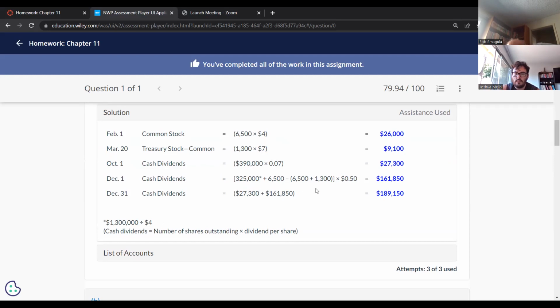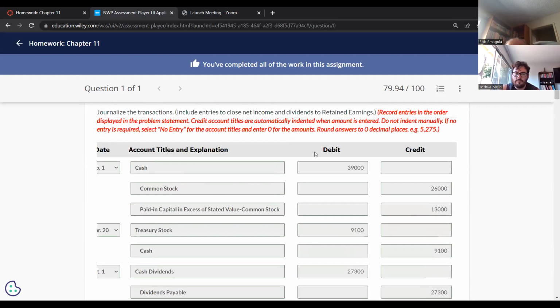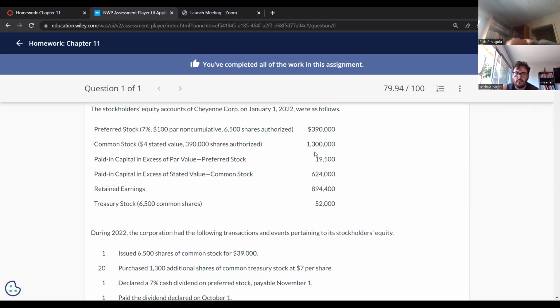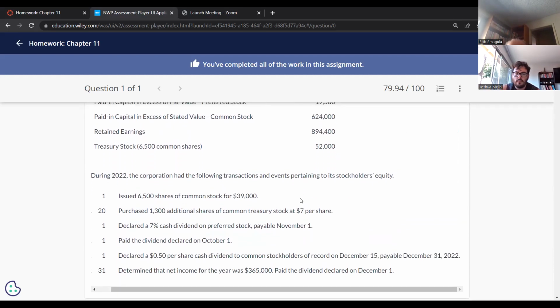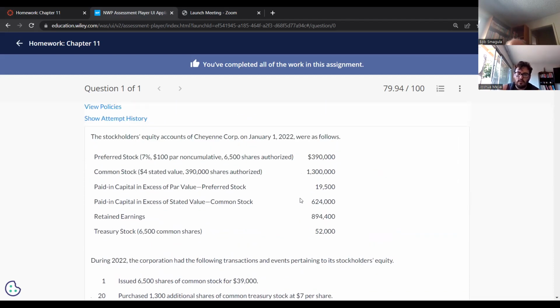Okay, so just go back to the top. And go down a little bit so I can see the problem. Declared a $50 per share. Go back up a little bit so I can see the number of shares. Yeah, see, they have 390,000 shares authorized, right? But what did they do?